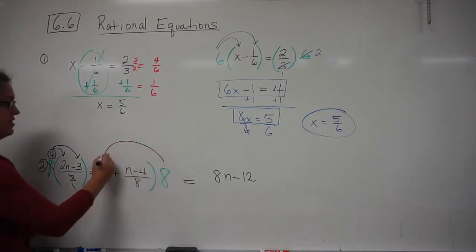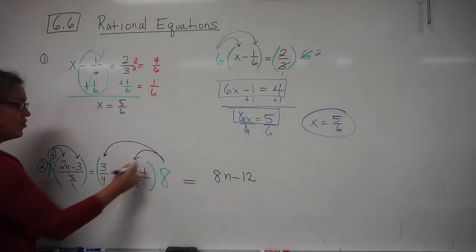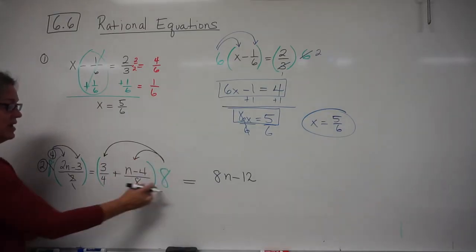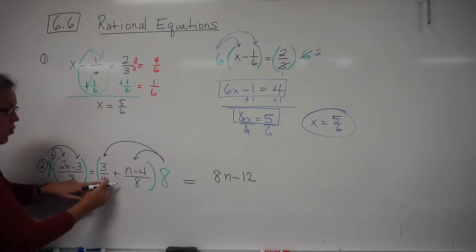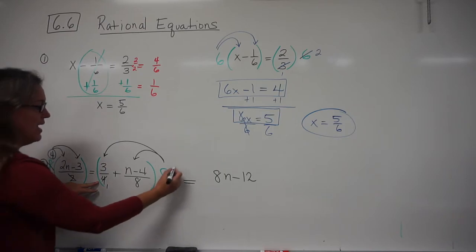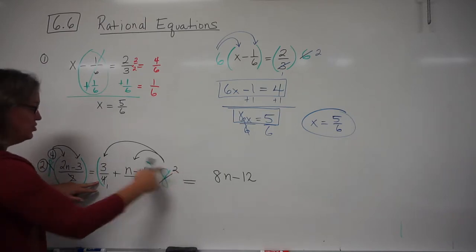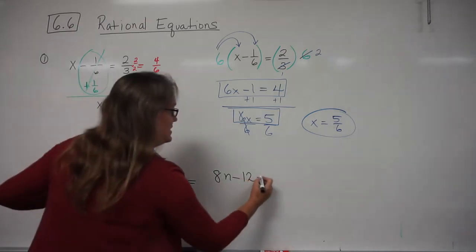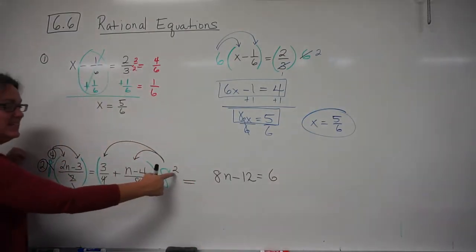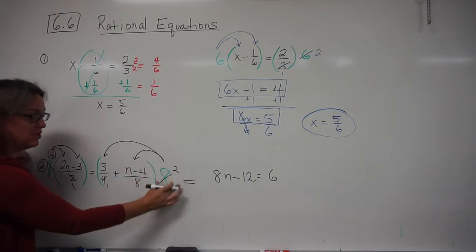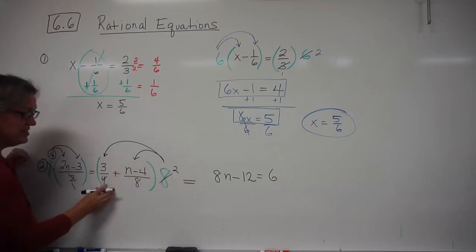Here, I'm going to multiply the 8 to both terms on this side. 8 times 3/4. Well, the 4 cancels with the 8. 4 goes into itself once and into 8 twice. So I get 2 times 3, which is 6. Be careful. This 8 did not become a 2. That was just some reducing that I did for this particular term.